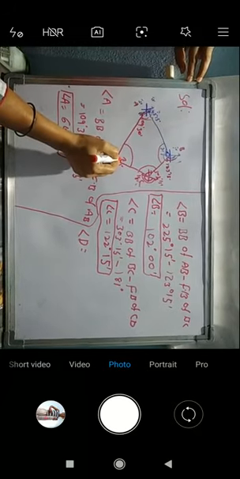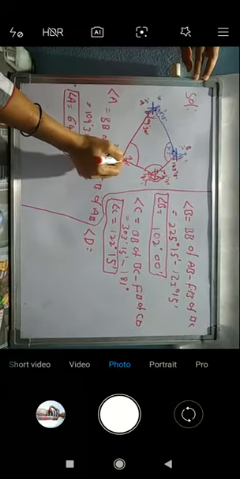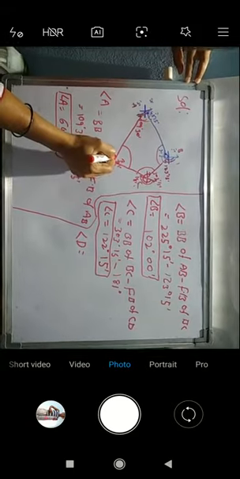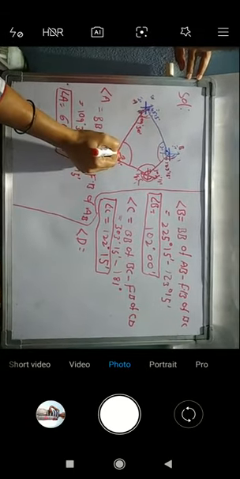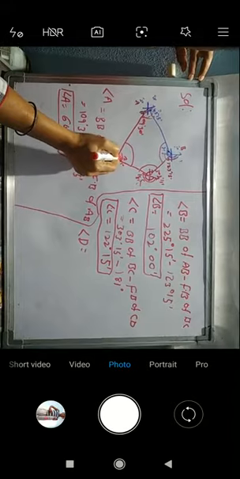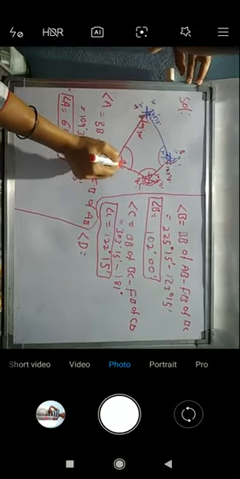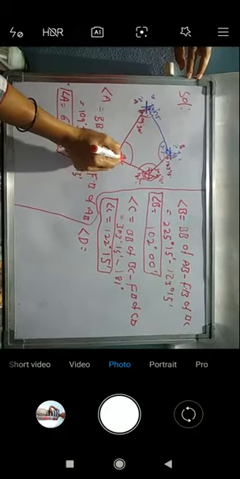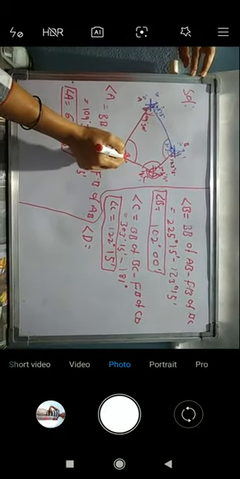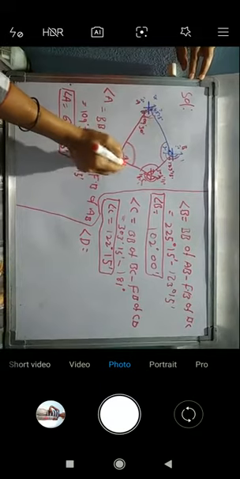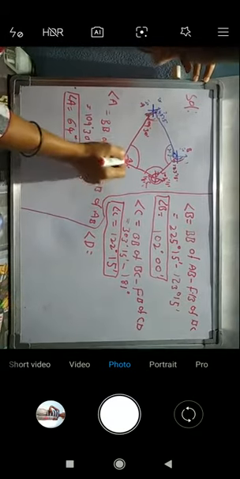From this 360 degrees, if we deduct the forebearing of DA, we get this one. Is it okay? To this one, if we add the back bearing of CD, then we can get this one.